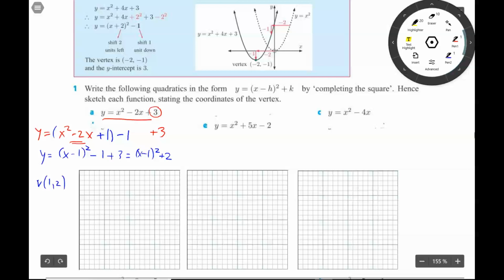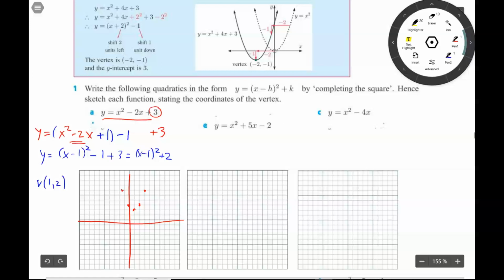I could draw a sketch. I got 1, 2. 1, 2 is right there. It has an a value of 1, so that means it basically goes up at the rate of 1, 1, 2, 4, right?